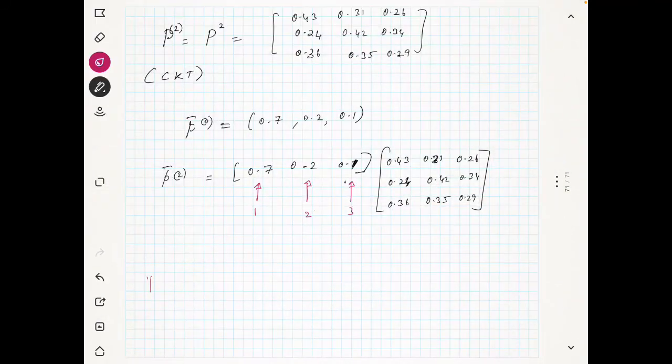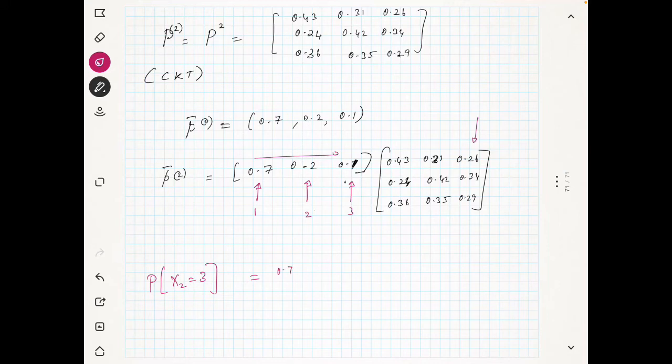So the probability that x2 takes the value 3 is nothing but, I want only the third state. So I will just take the third column and this row and multiply together, because that will be the third element.